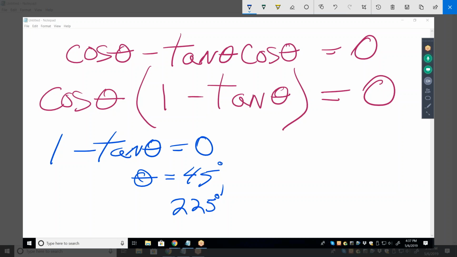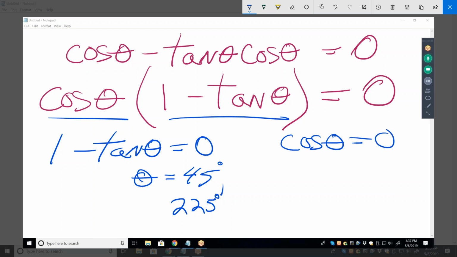That's just part of it. In other words, that's that part. Now we got to solve that part. So cosine theta equals 0. Where does that occur? At 0 degrees and 180 degrees.